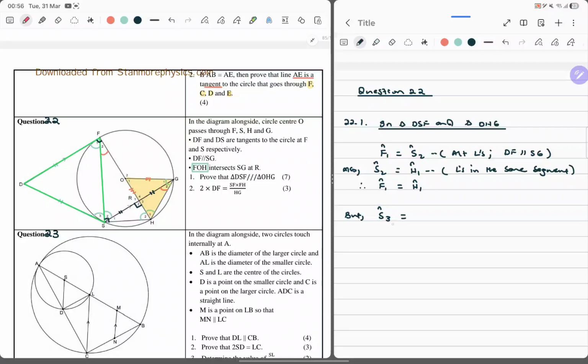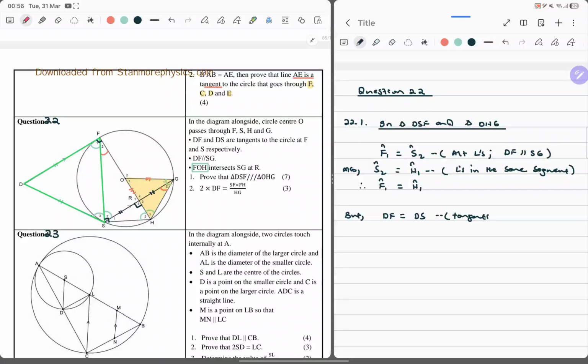They don't know it. Okay, S3 is equal to F1. Why? These are angles opposite. Maybe let's not be too hasty. Let's start by saying, but we know that DF is going to be equal to DS.